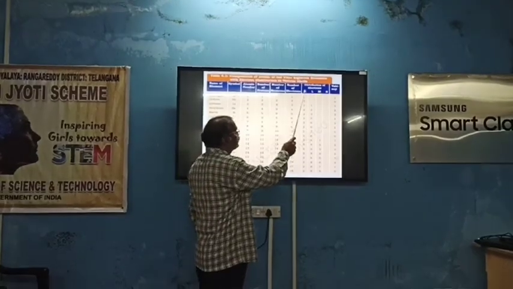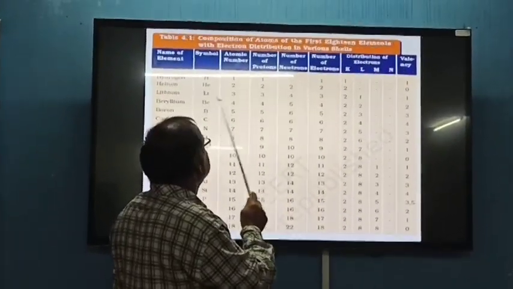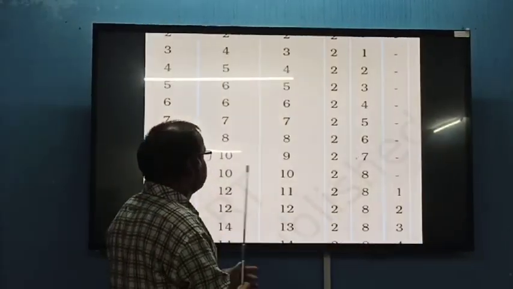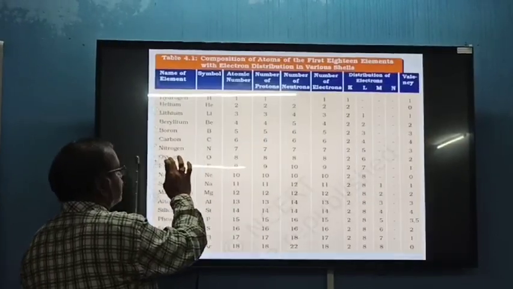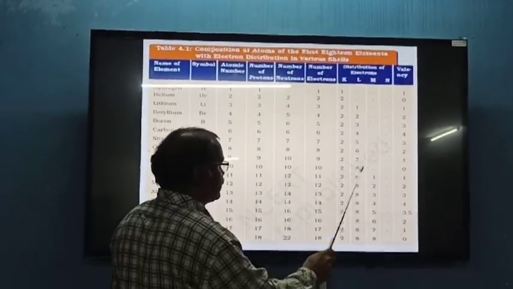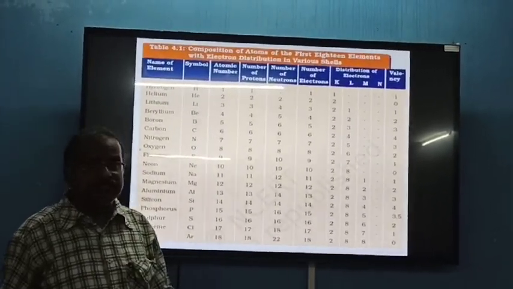Here, for this atom, it is only the last shell. But from lithium onwards, the L shell is the last shell. From sodium onwards, the M shell is the last shell. So the last shell will be named as the valency shell.